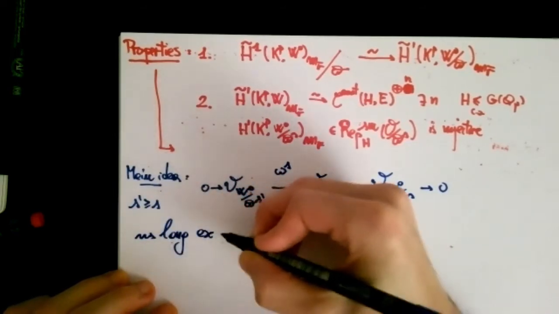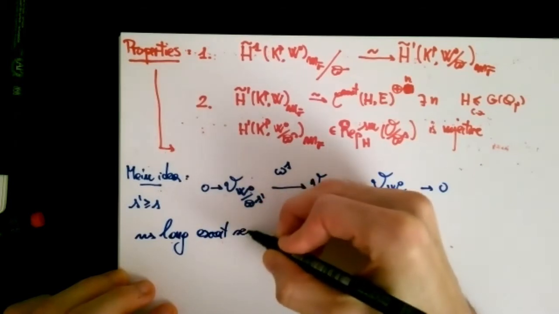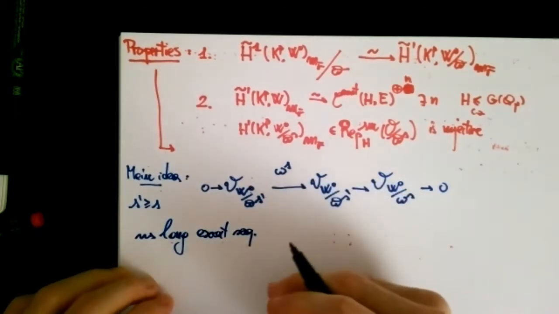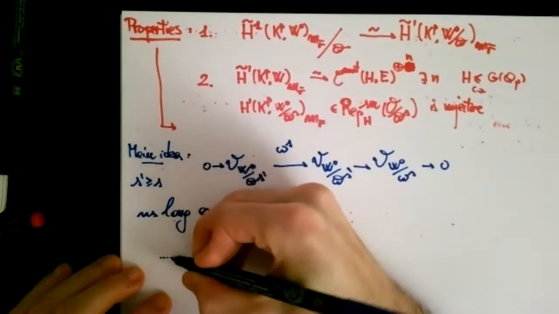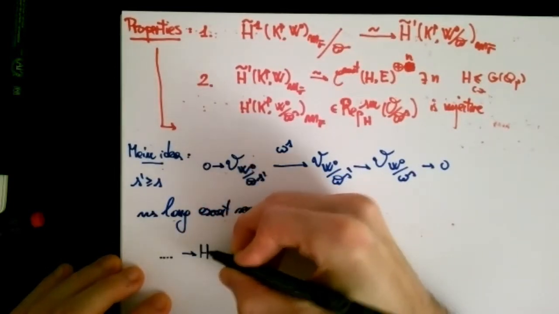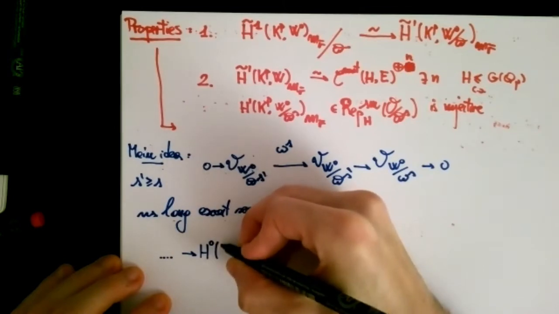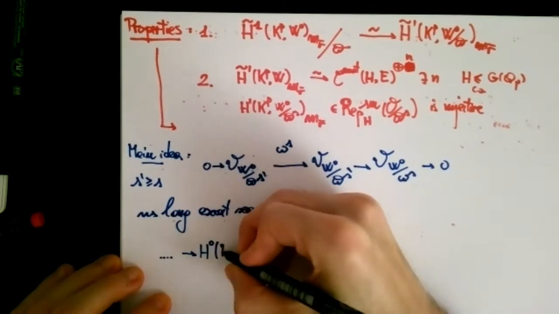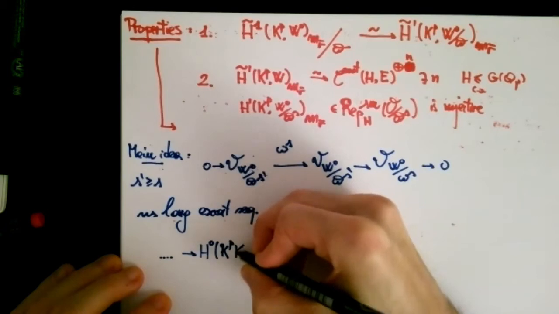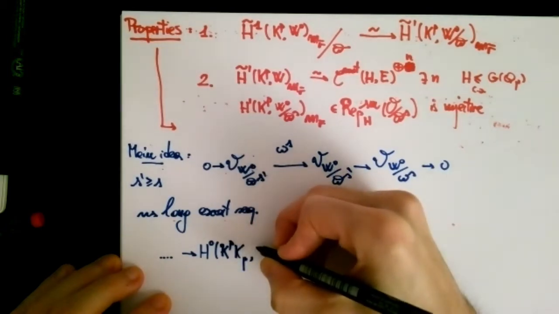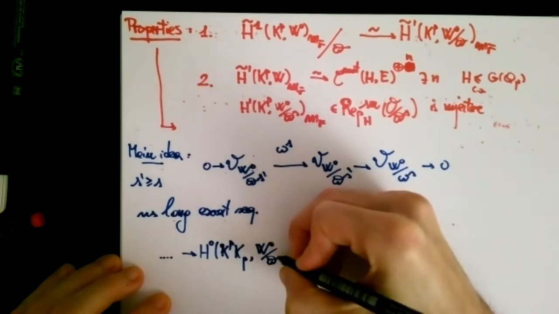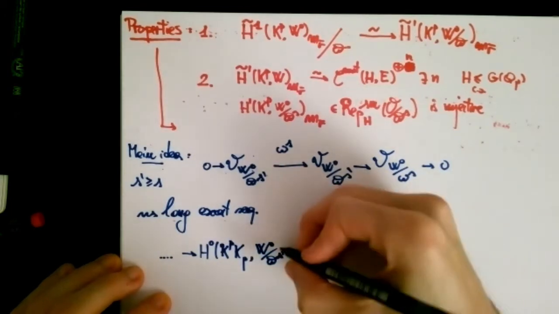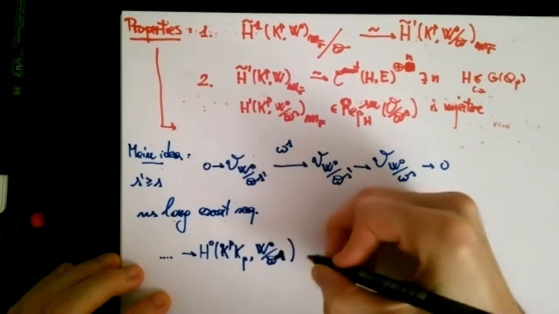Okay. So now the point is that I pass to the longer exact sequence in cohomology, and I localize. So I get, here I have the H0 of K upper P, K lower P, V naught mod pi S, sorry.